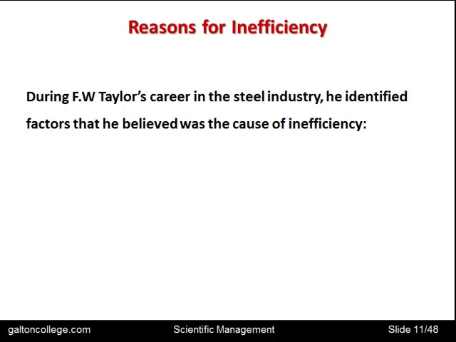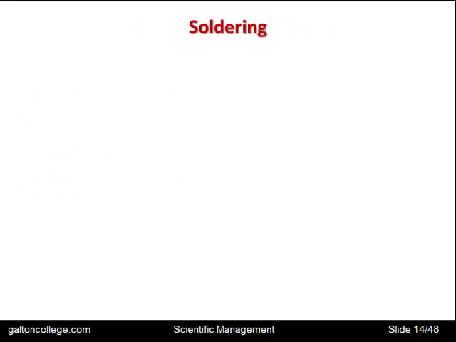So he worked in the steel industry and he worked out the causes of inefficiency as he saw them. Soldiering. Now we're here talking about the steel industry, bear in mind. Soldiering and the pig iron experiment. So let's have a word about this soldiering issue and then the pig iron experiment.